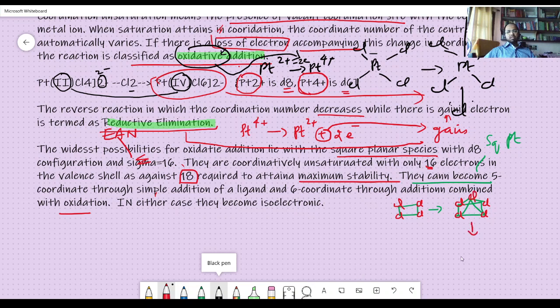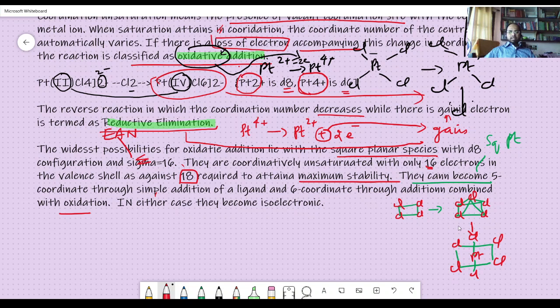In the next stage, you get a 6 coordinated atom. What is it? It is an octahedral complex. So you get Cl, Cl, Cl, with platinum at the center, here also Cl, here also Cl.